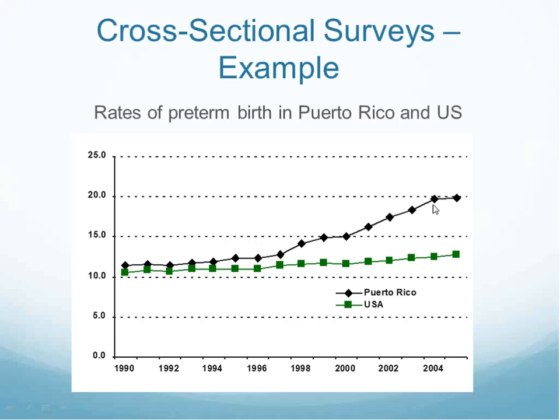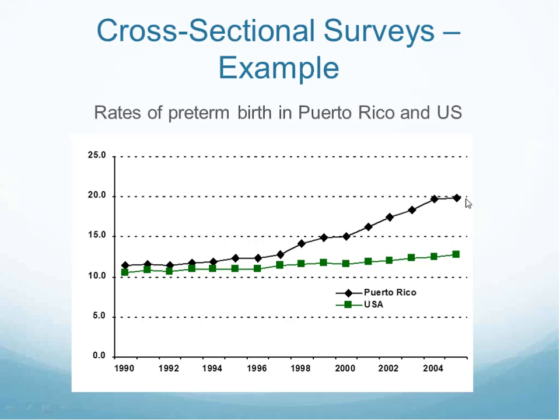So this is a good example of the use of cross-sectional surveys, but also serves as one of the examples of why our Protect program is looking at environmental predictors of preterm birth in Puerto Rico specifically, because our colleague Jose Cordero had data on other factors.